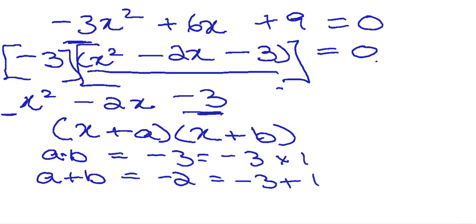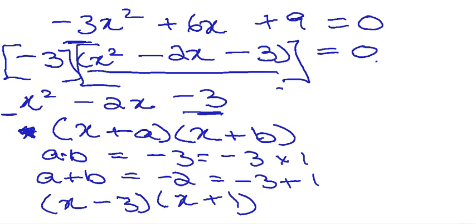Therefore, if we go back to our generic question here, we can say that x minus 3 times x plus 1 gives us the solution for when this is equal to 0. This is just going back to the original equation here.